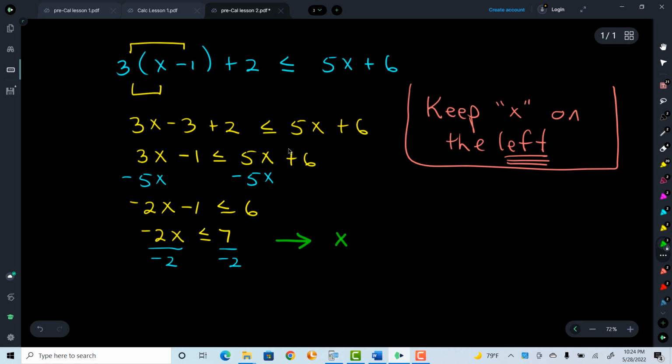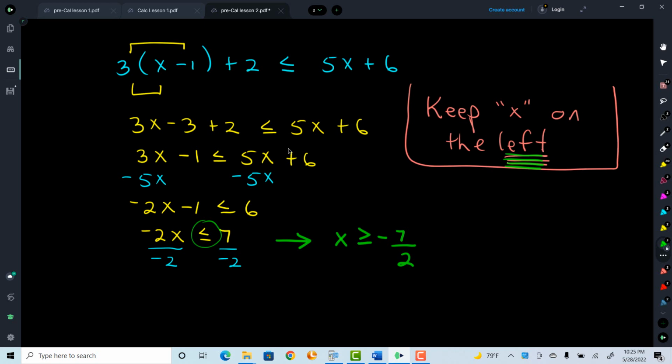We flip the inequality. So this becomes greater than or equal to negative 7 over 2. Okay, I want the x on the left. I know that it feels like it would be easier if we had subtracted the 3x because then we wouldn't have to flip the inequality. I know that. I don't care. I want the x on the left.